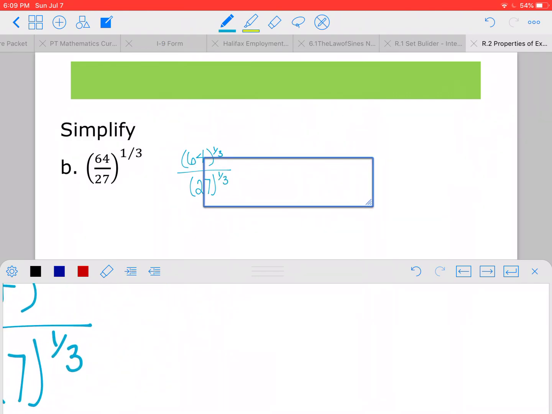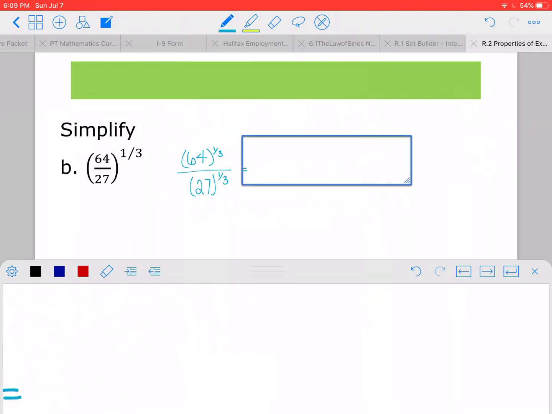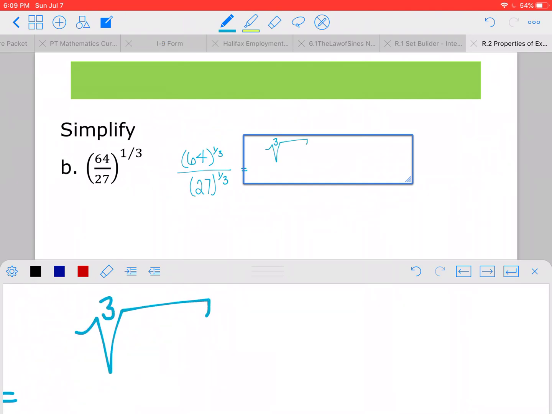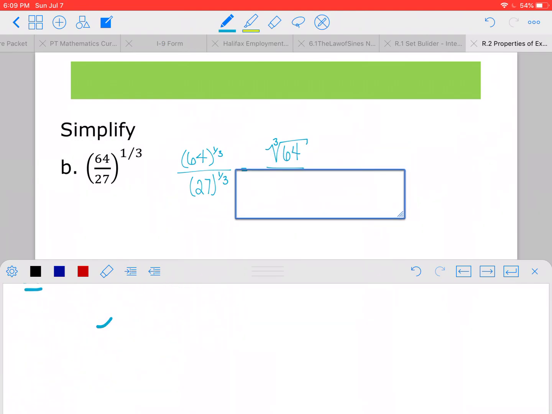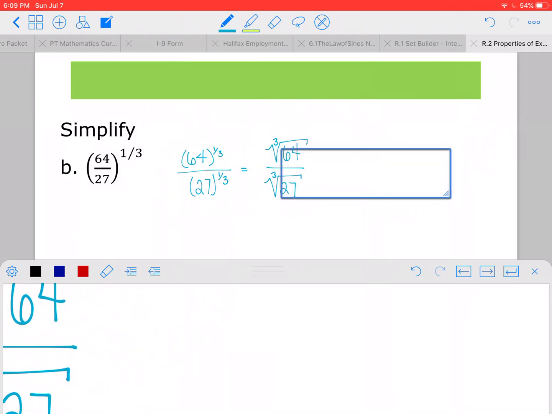So we have the third root, or we say cubed root, of 64 over the cubed root of 27. So that's how you write it, and we do want to reduce that.